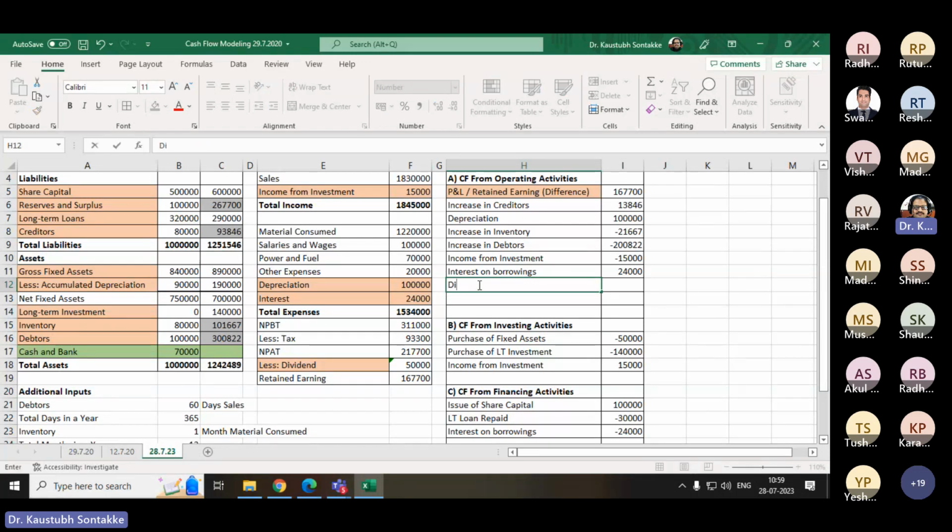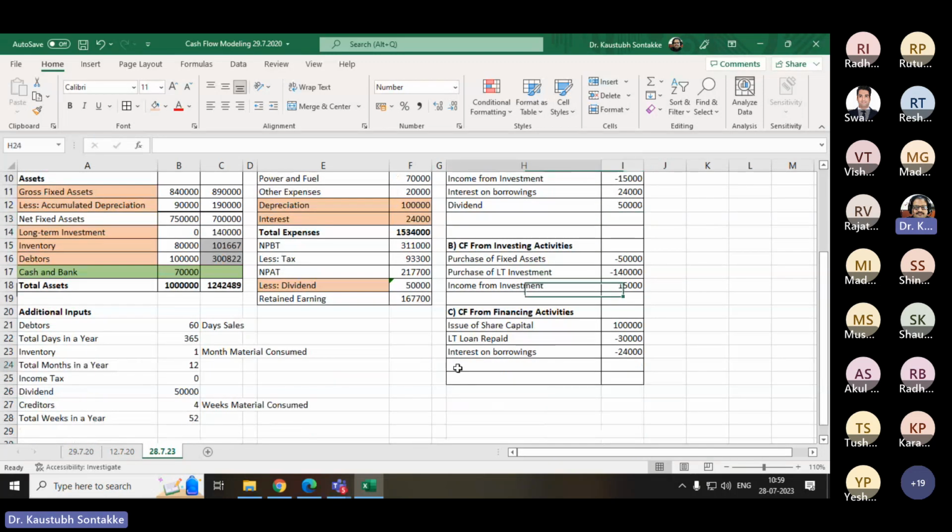I'll go to operating activity and I will write dividend. I will add it here, positive 50,000. Take it from P&L, don't type. Positive 50,000. I'll go to financing activity and write dividend paid.